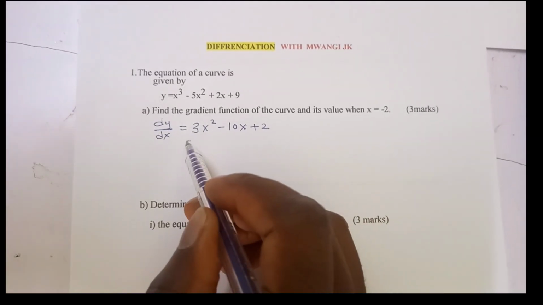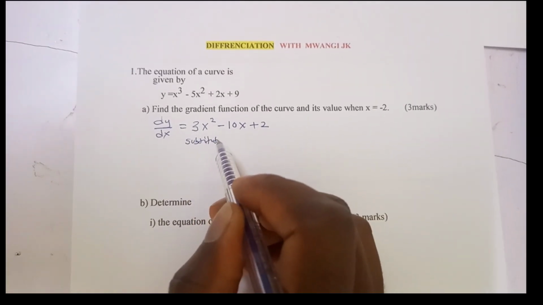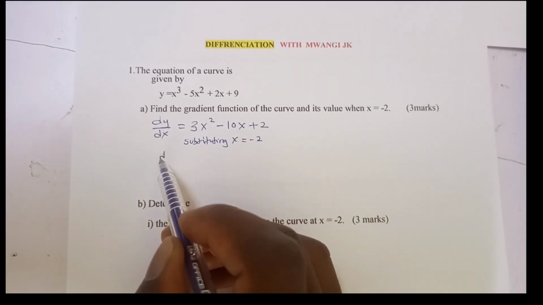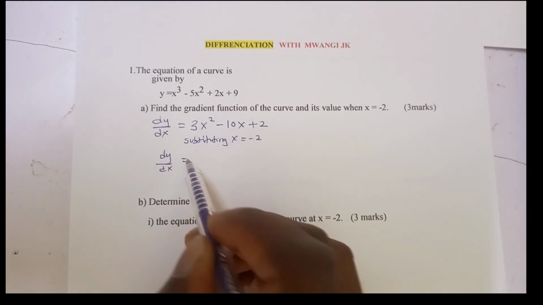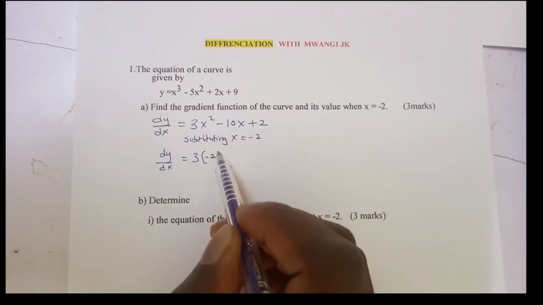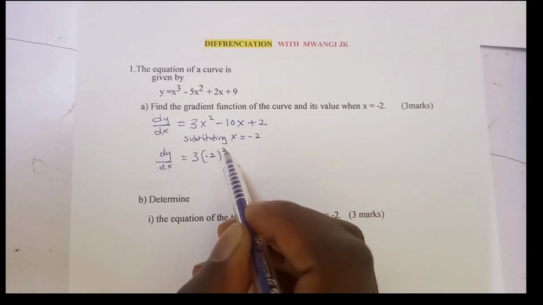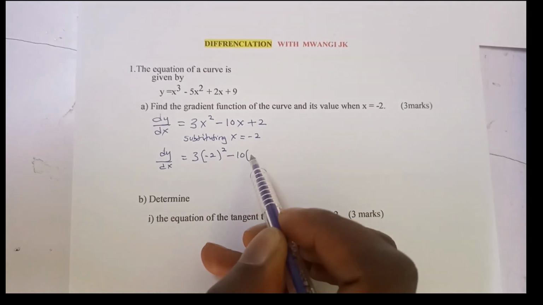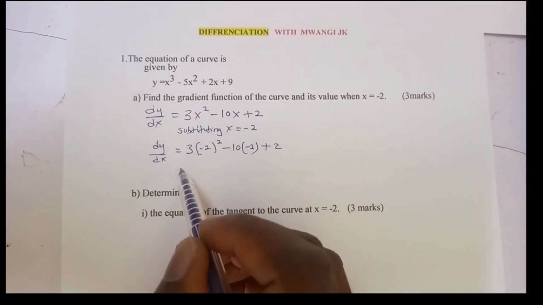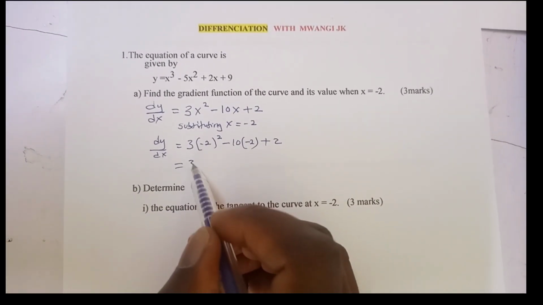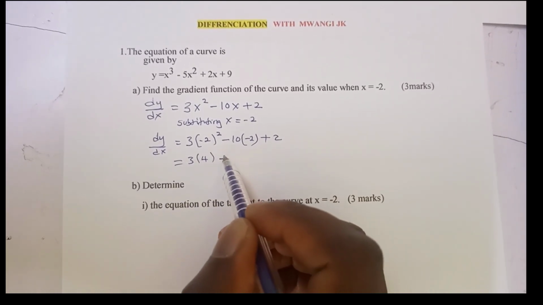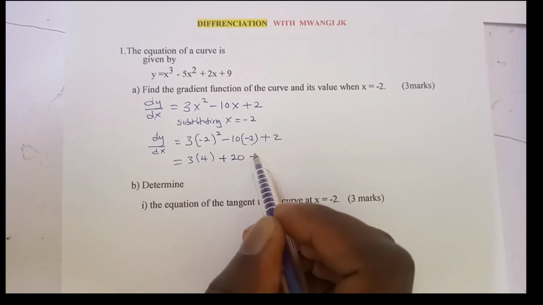The constant becomes 0. So substituting x being minus 2, the gradient function dy/dx will be 3 times minus 2 squared, minus 10 times minus 2, plus 2. So that we have 3 by 4, this minus will become plus 20, plus 2.